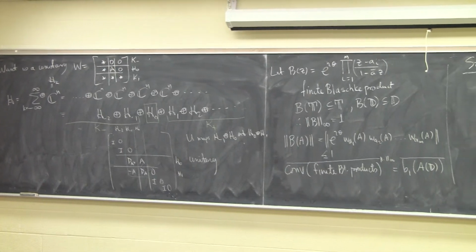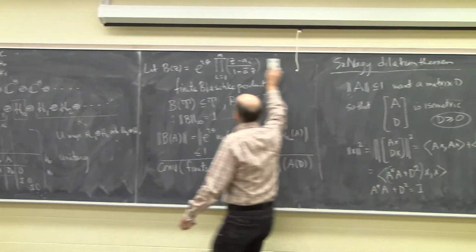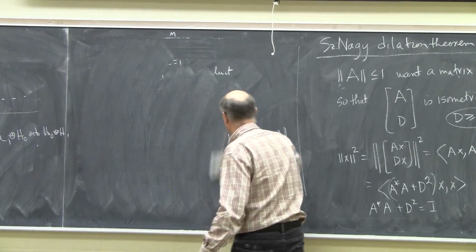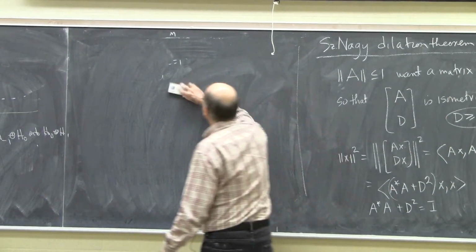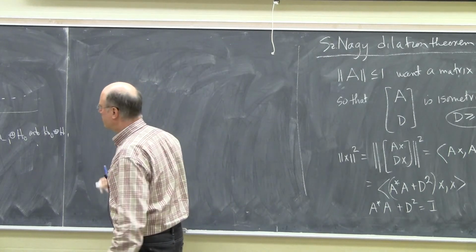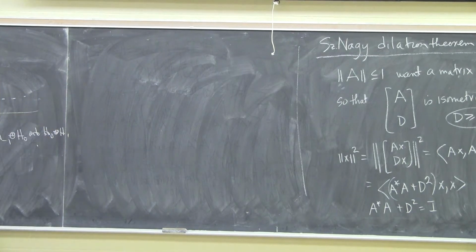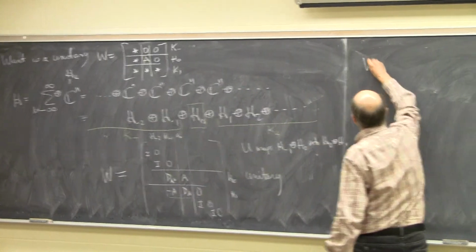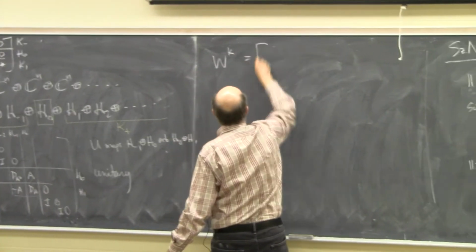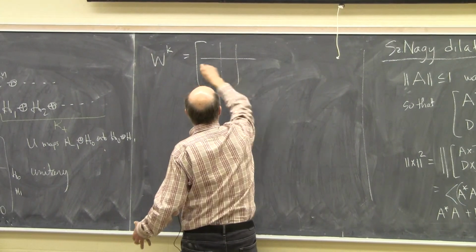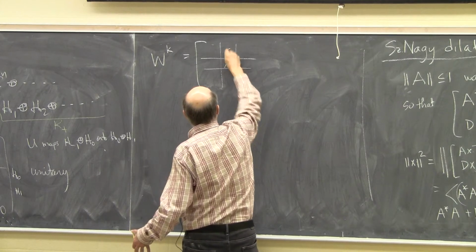All right, so let's come back to the inequality. Well, when I take polynomials in this, let me call this W. Look at it. When you take powers of W, it keeps its lower triangular form, and you get A to the k here.